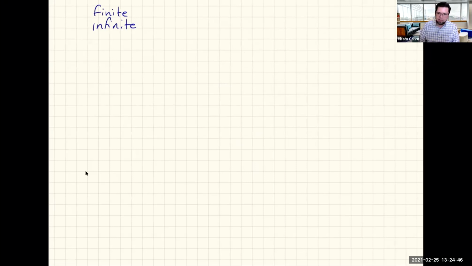For example, the number of people in this room, this is finite. The number of, I don't know, the number of Mexicans in Mexico, it's finite. The number of Russians in Russia, the number of Ukrainians in Ukraine, those are finite numbers, right?